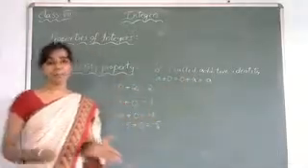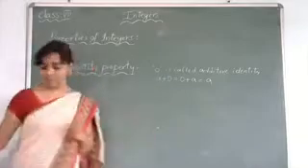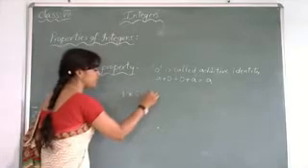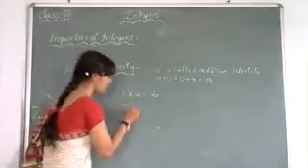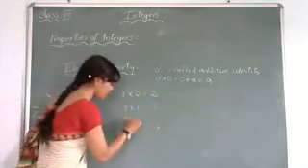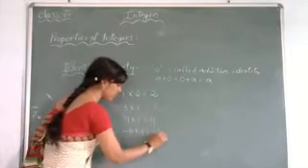Now, an extension to this: the multiplicative identity. If 1 is multiplied with 2, what do I get? 2. In the same way, 3 multiplied with 1 is also 3. 4 multiplied with 1 is 4. Minus 6 multiplied with 1 is minus 6.